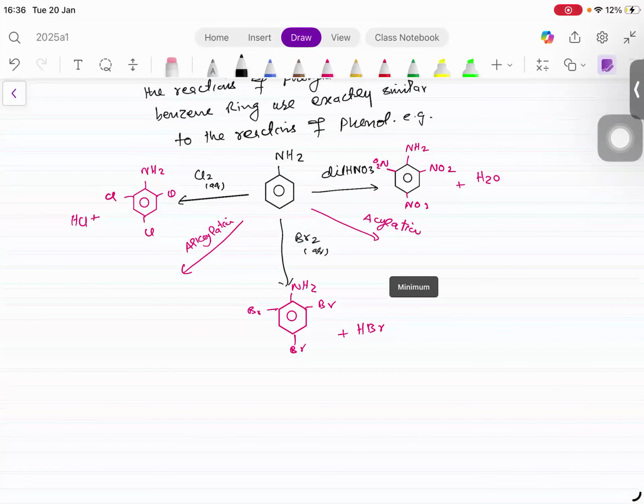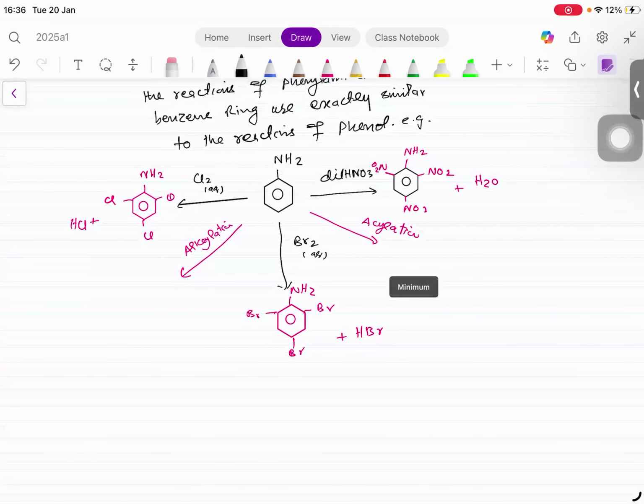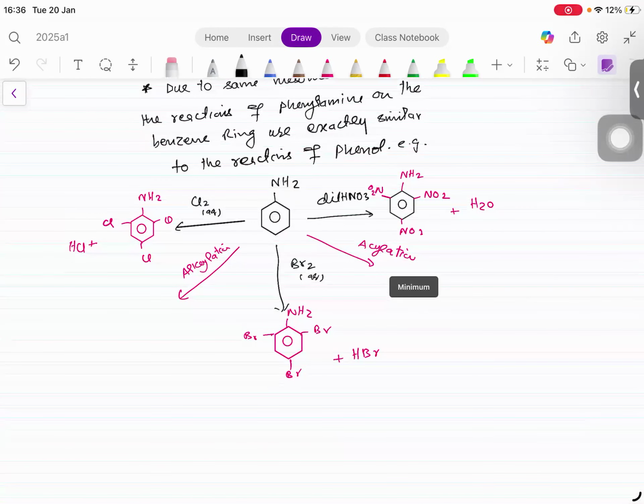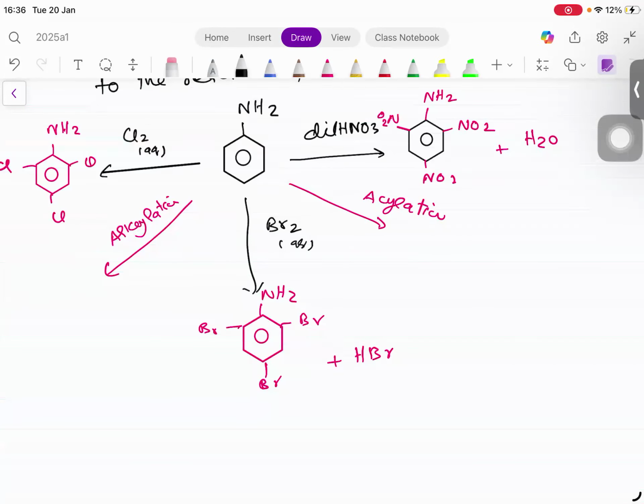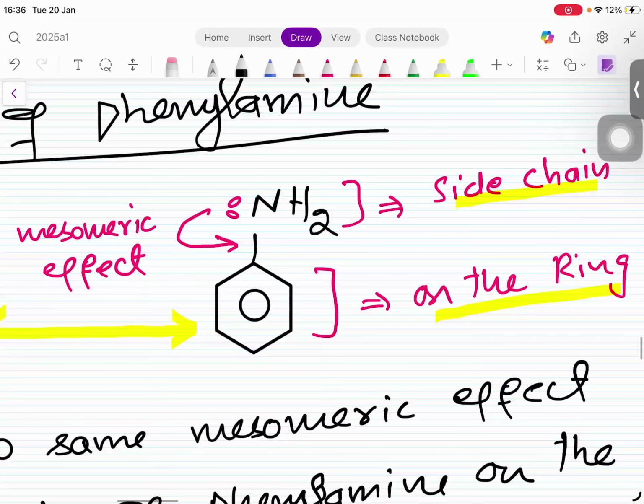Okay. That was the thing which we left yesterday. Now today we are going to move on with the reactions of phenylamine on the side chain, right?